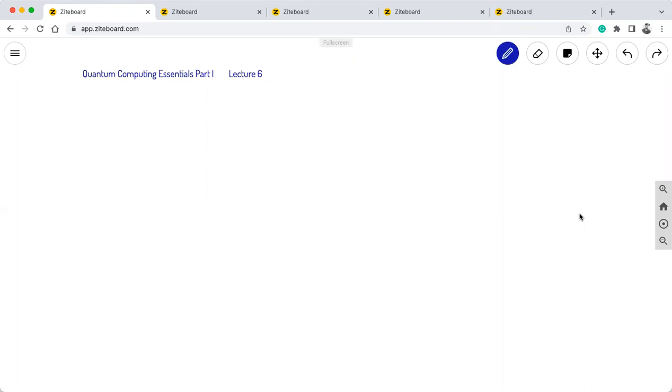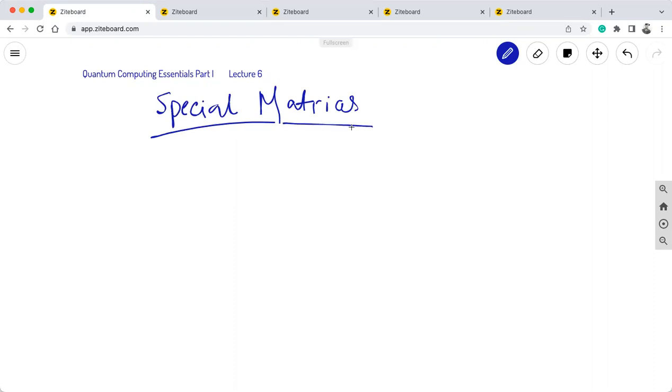So, in this particular lecture, today we'll be discussing the topic we can name as special matrices. Okay? Special matrices, because these matrices have some properties which are very important for us.